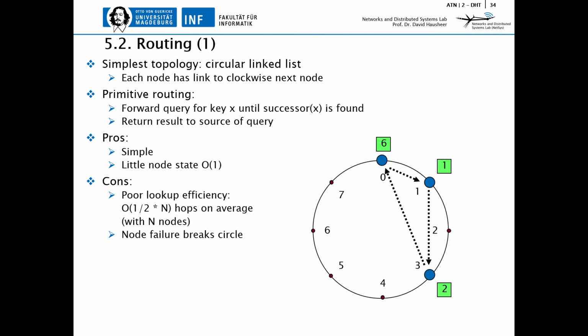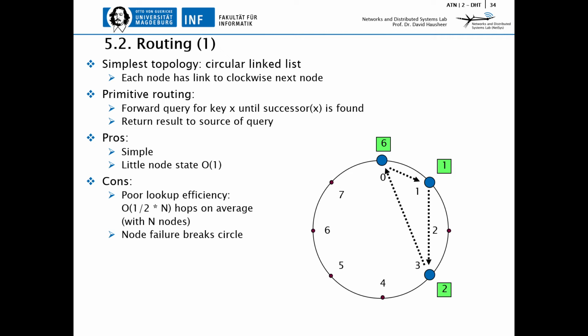A primitive routing would then look as follows. When we want to search for a particular key with ID X, we would just forward the query in that circular linked list until the successor of that key X is found. And then the result of that query can simply be returned.